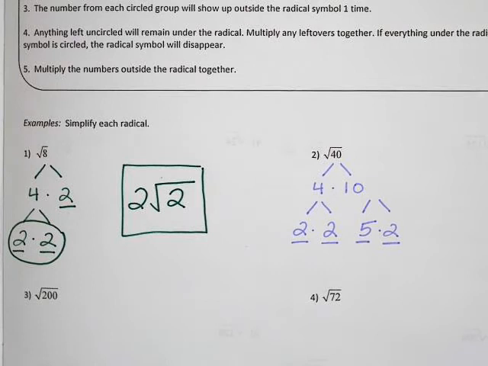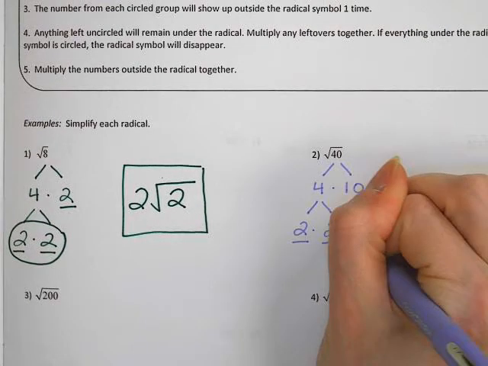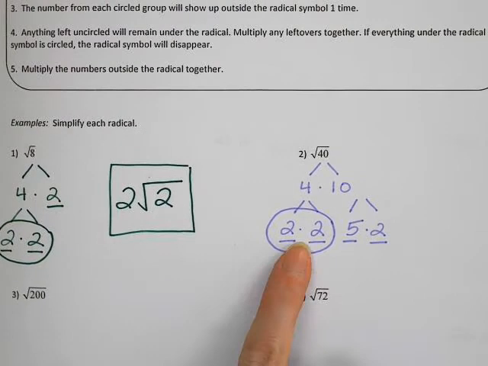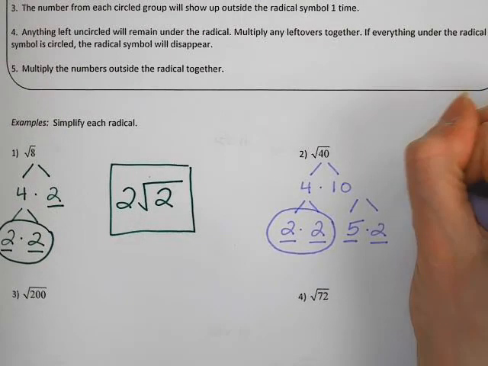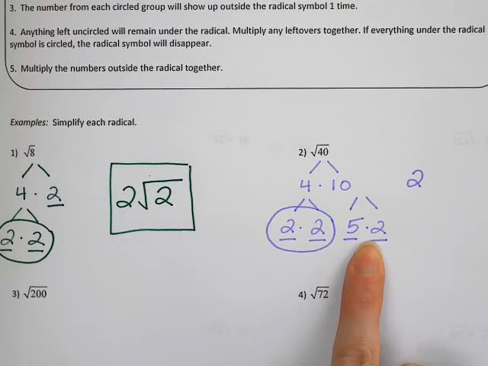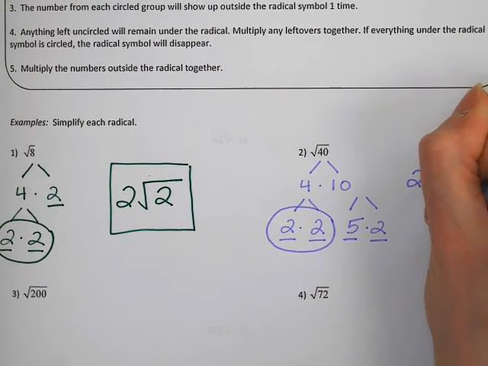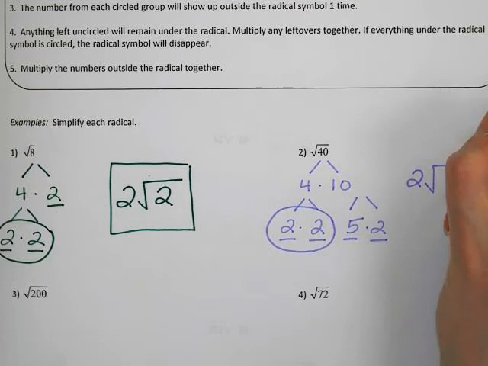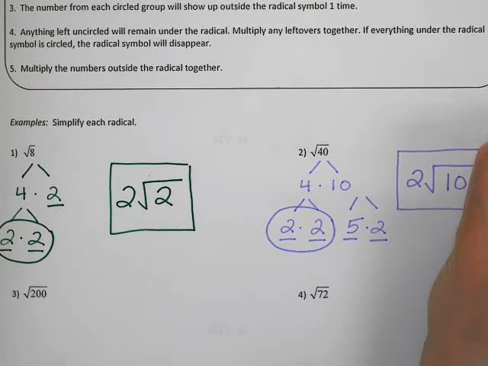Any identical pairs, so I see a double 2, come out once. I don't see any other identical pairs. And then anything that's left over that's not part of an identical pair, you multiply and it stays inside. So this one is 2 root 10.